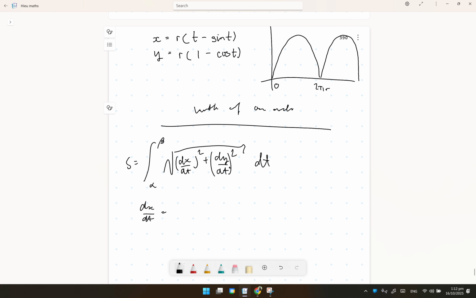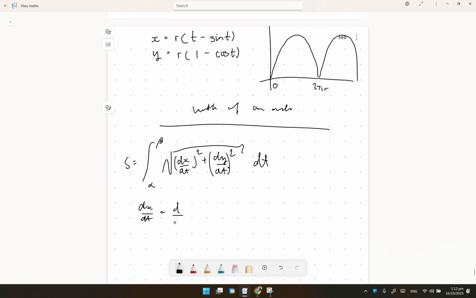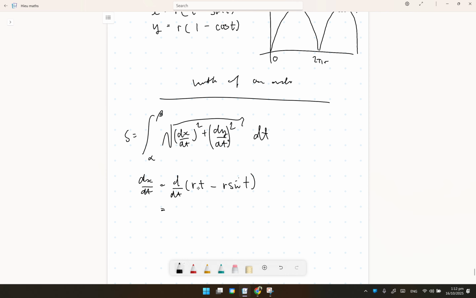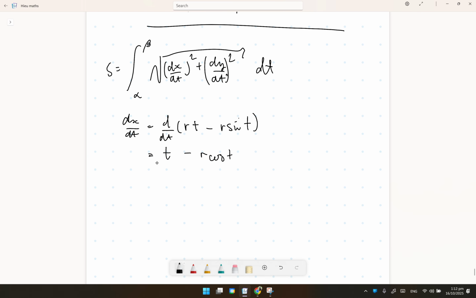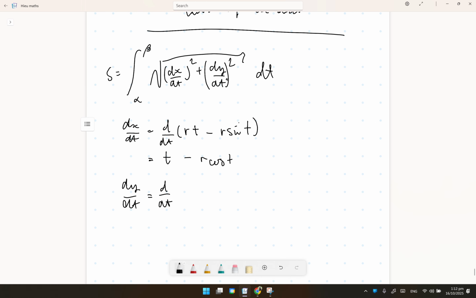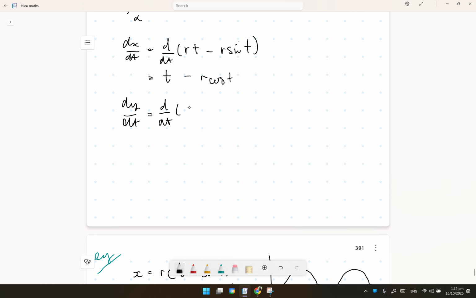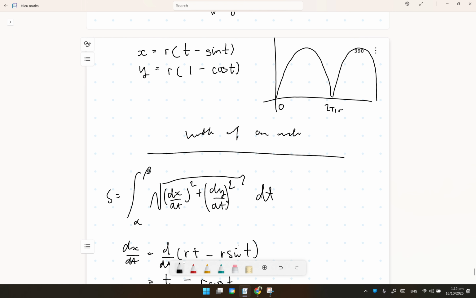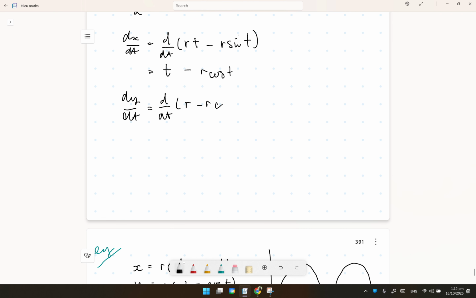So dx/dt: let's write out the things, x is r times (t minus sin t), so the differentiation of this is r minus r cos t. So that's dx/dt. Let's do dy/dt, which is the differentiation of r(1 minus cos t). Let's multiply that in: r multiplied by 1 is r, minus r cos t.